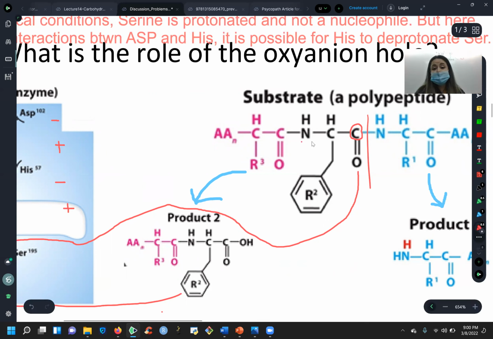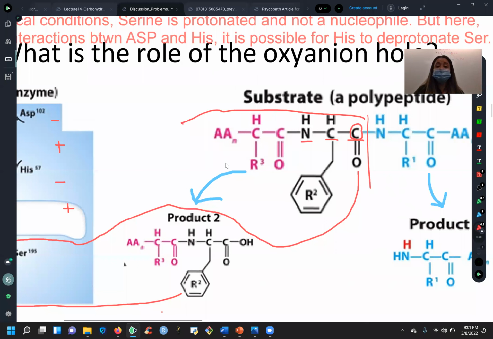Well, here's my N, C, and C. So this is the carbonyl group that belongs to this amino acid. And that carbonyl is attached to this nitrogen, and that is my peptide bond. So that's the bond that's going to be broken. And so they'll ask you, what are your products going to be? Well, this is product 1, and this is product 2. So it's a very easy question if you know how it works. That's why I'm spending so much time on this, just the beginning of it.